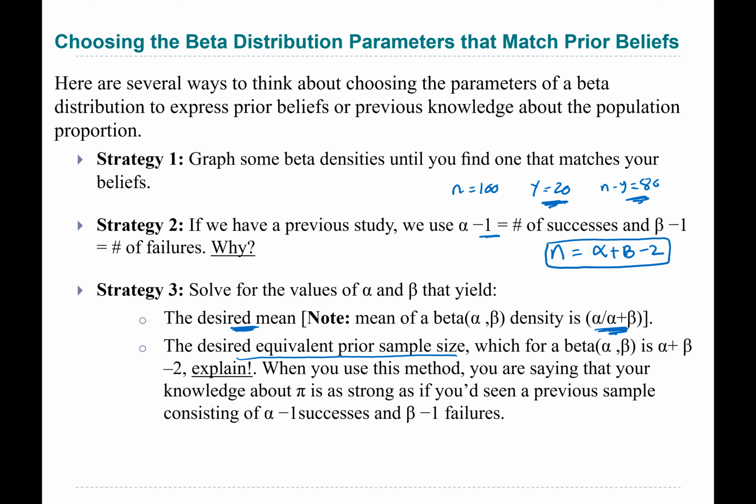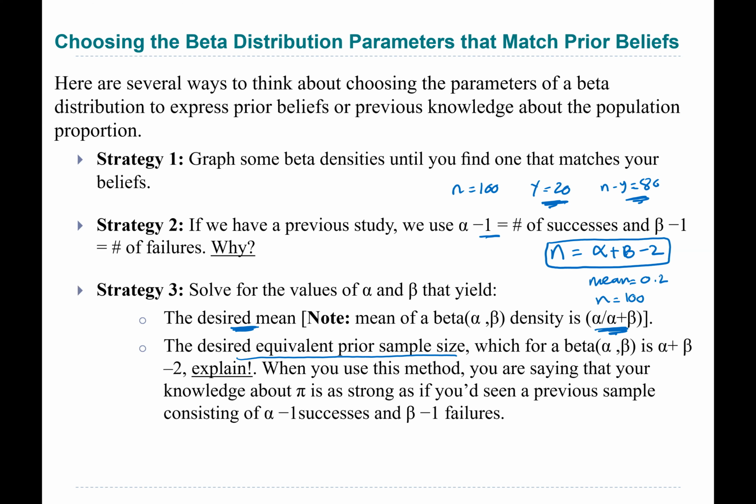Something like, I would like to have a conjugate prior beta distribution with mean equal to 0.2, and the information in this prior distribution is equivalent to the information in a sample of 100, for example.